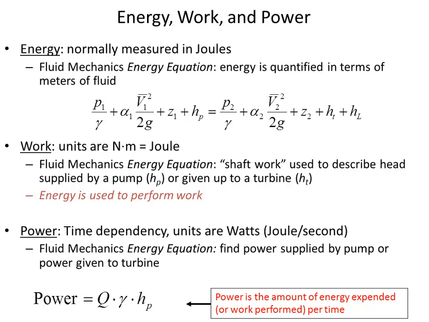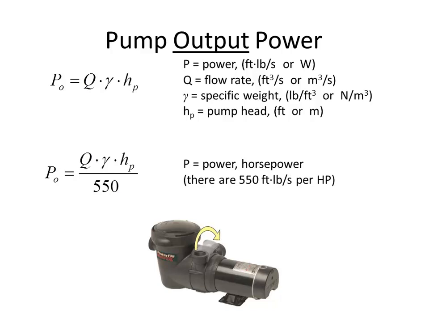It's the number of joules being expended or supplied per second, so that's units of watts. The power equation, which we've looked at already today, in the form listed in the equation packet for the FE review manual, assuming 100% efficiency, is just the flow rate times the unit weight of water times the pump head, if power is being added to the water.